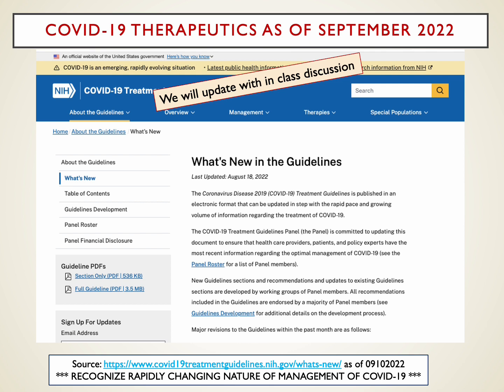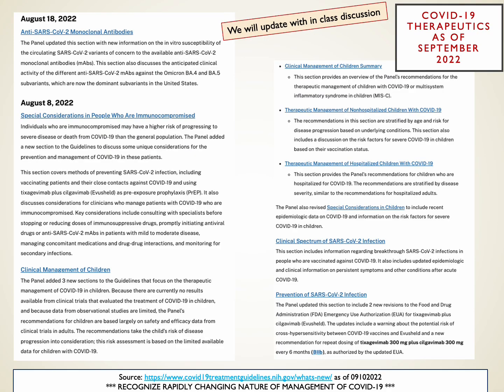That's helpful. Some of the key features you'll find when you look at these are the role of monoclonal antibodies, which there is a role, but it's a somewhat limited role of when we use monoclonal antibodies in COVID.